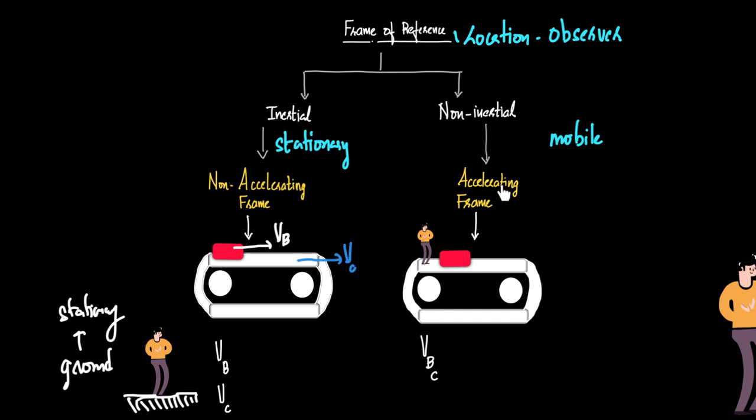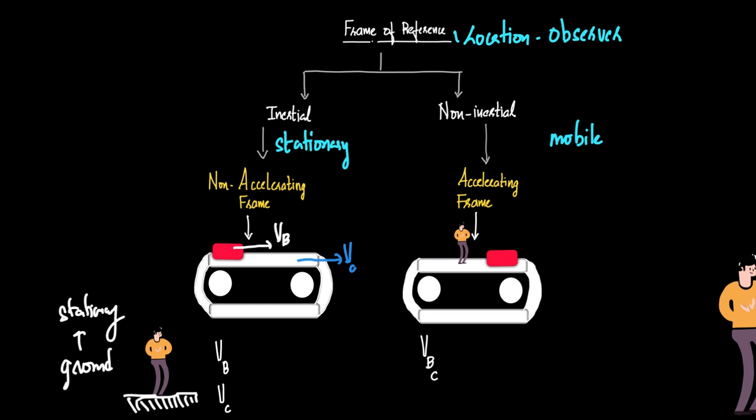Now, what is an accelerating frame? Accelerating frame means the observer who was standing earlier on the ground is now standing within the moving conveyor belt, and the object moves, and at the very same time this person is also moving when the object is in motion.